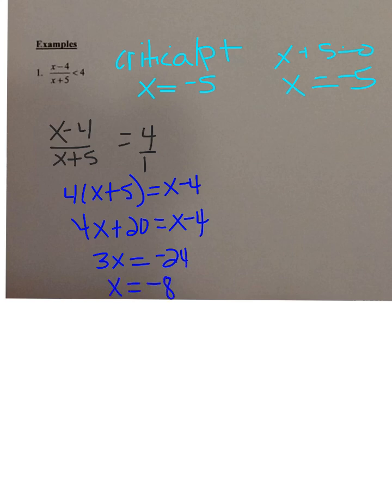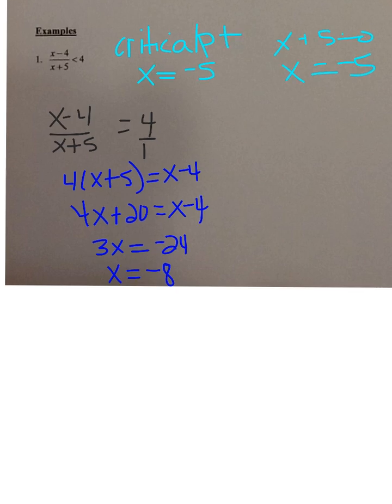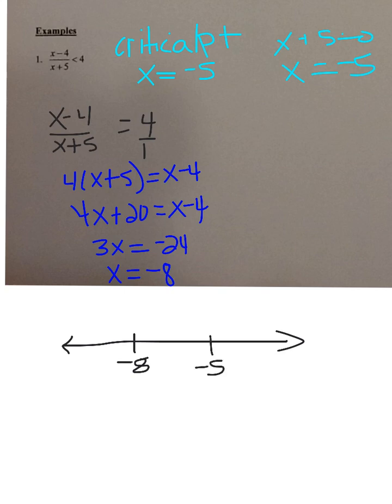Okay, so now on the number line, you're going to draw a number line. And you're going to plot -5 and -8. Now, your critical point is always going to be an open circle because, remember, it can't be that number. And we have -8, and that's an open circle because my inequality does not have an equal sign underneath.